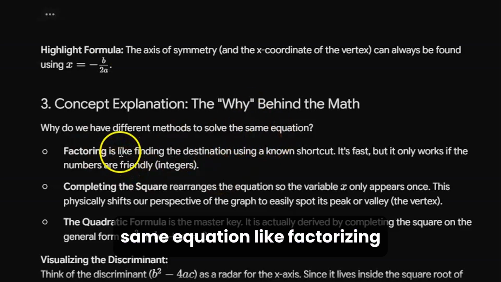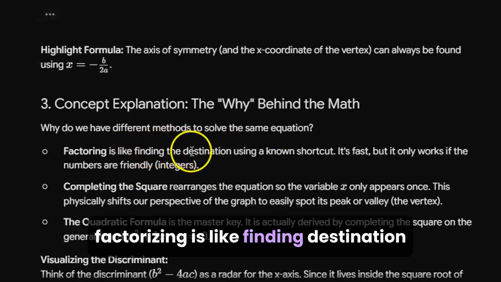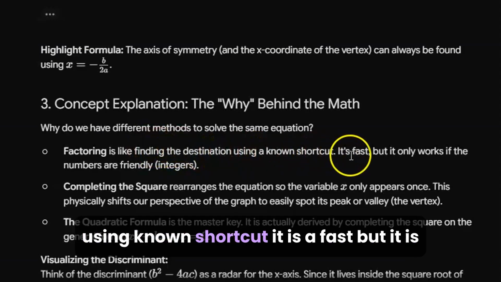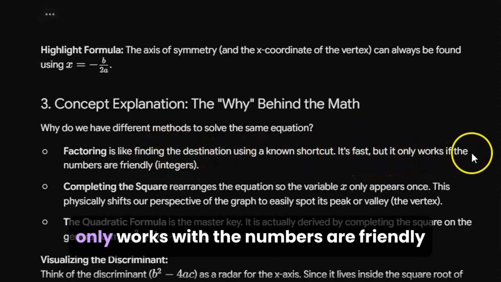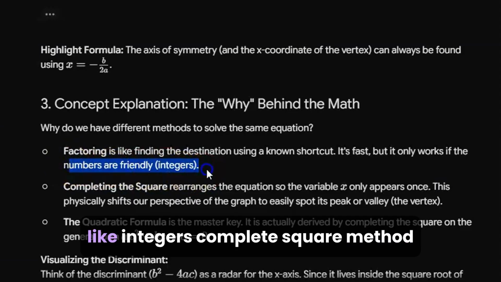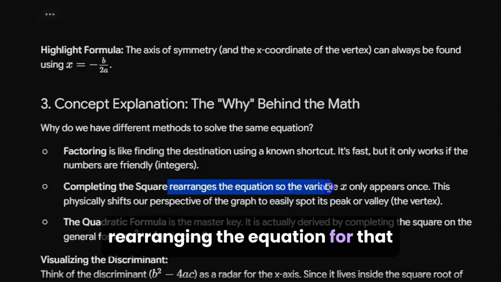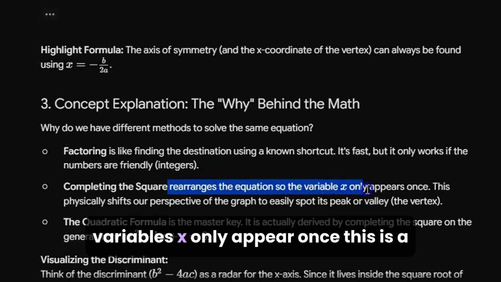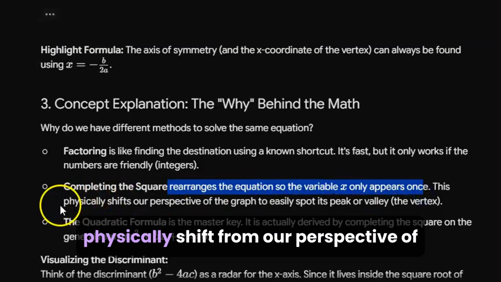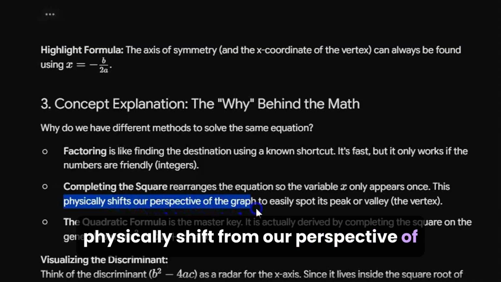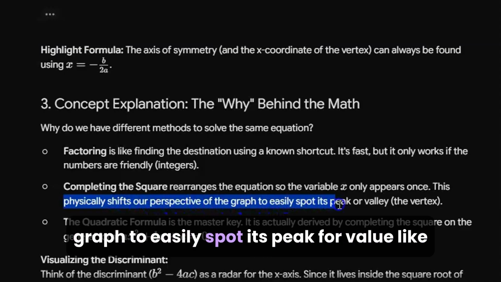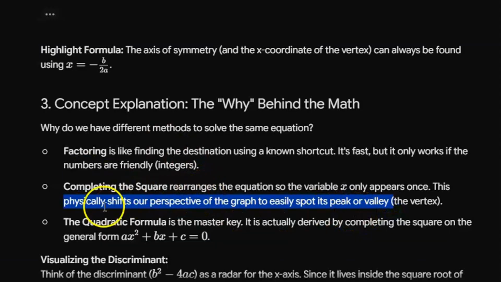Factorizing is like finding a destination using a known shortcut. It is fast, but only works when the numbers are friendly, like integers. Completing the square means rearranging the equation so that the variable x appears only once.